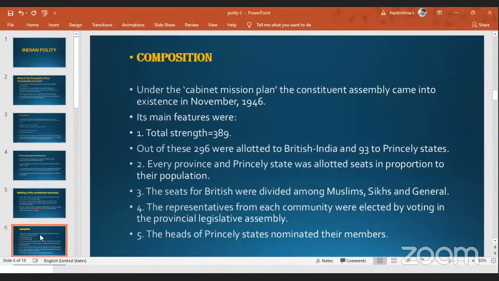The second feature is that every province and princely state was allotted seats in proportion to its population.